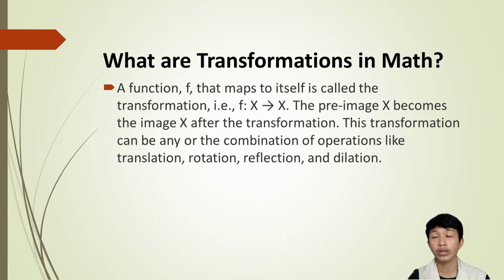What are transformations in math? A function f that maps to itself is called a transformation. The pre-image x becomes the image f(x) after the transformation. These transformations can be any one or a combination of operations like translation, rotation, reflection, and dilation.